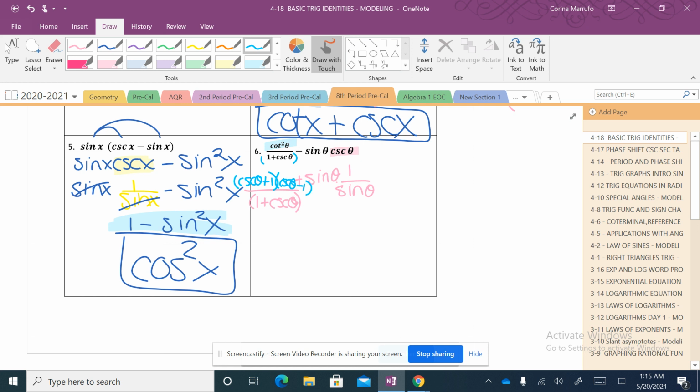And the reason I'm using that one is because I have this on the bottom, so that tells me that this is going to cancel out. Okay, so then I'm left with cosecant of theta minus 1. That one didn't cancel out. Then we have plus. These sines of theta canceled each other out, and we're just left with 1. Okay, so here, negative 1 plus 1, that cancels, and we're just left with cosecant of theta.